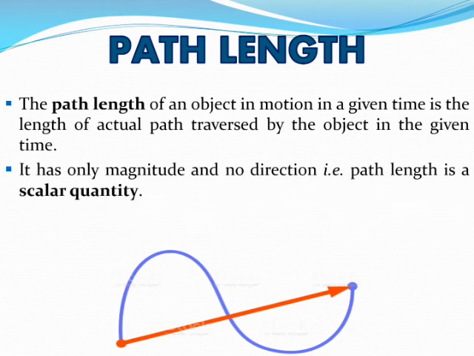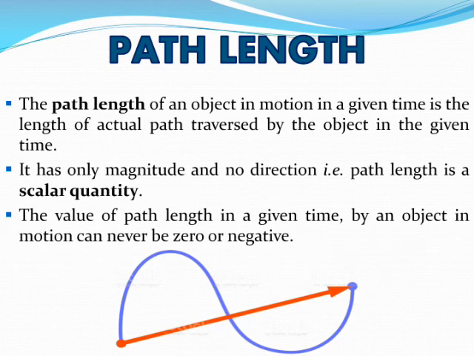Path length has only magnitude and no direction. That is, path length is a scalar quantity. The value of path length, that is, distance traveled in a given time by an object in motion, can never be zero or negative.